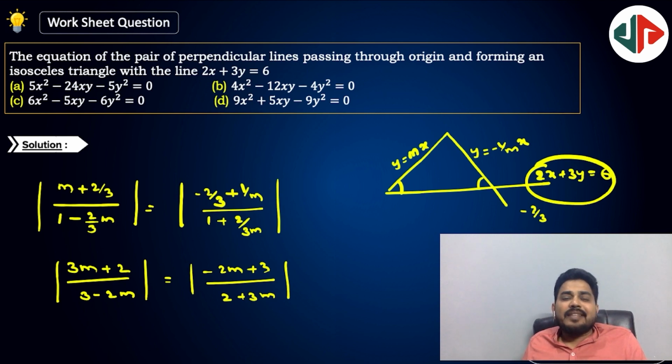You solve this equation, you will be getting the m value, and from there you get the answer directly. So that is 2 plus 3m whole square is equal to 3 minus 2m whole square.